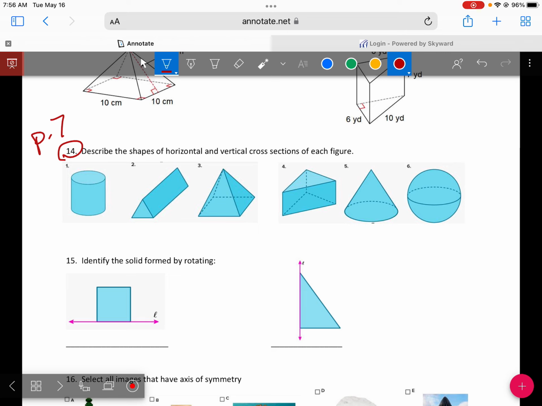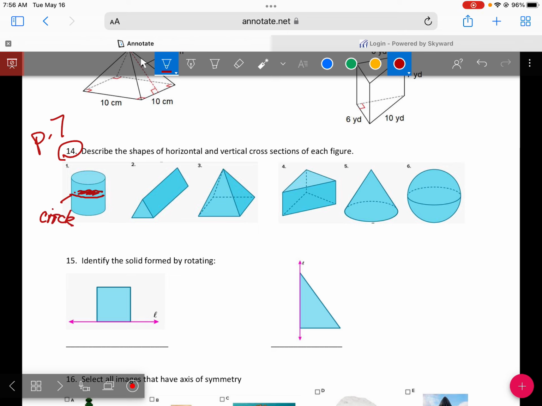What do we call that figure? A cylinder. So if I were to slice this right here, what would be the shape? If I crack that open, what would be the shape that we would see in that cross section? Yes, so here you would see a circle for the horizontal one.